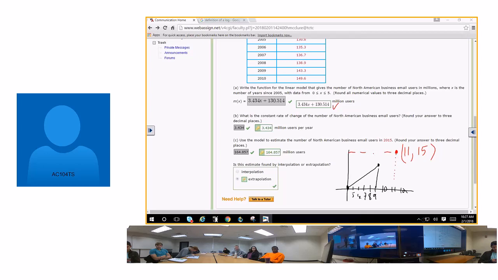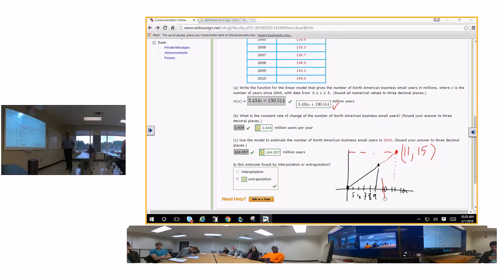And what you did, just remember, EX, you extend the line. You extend it, but are you 100% sure? No, nothing's 100%. When you predict, it's not 100%, but you can give a good indication.